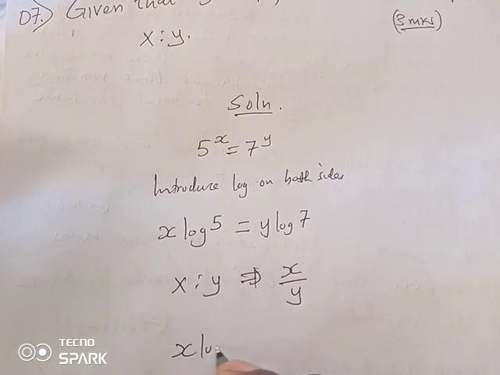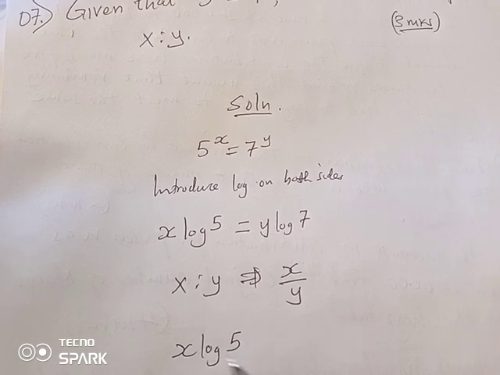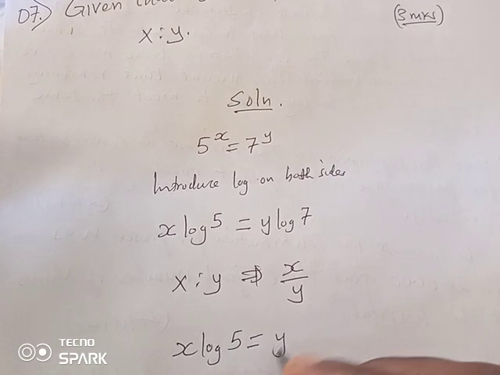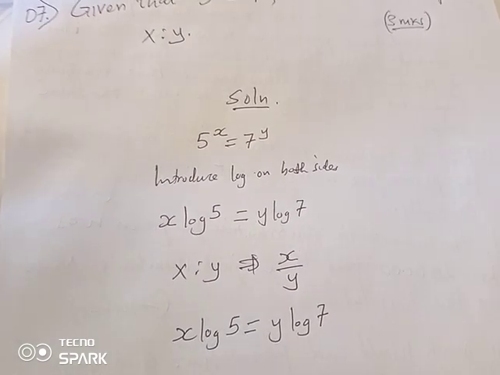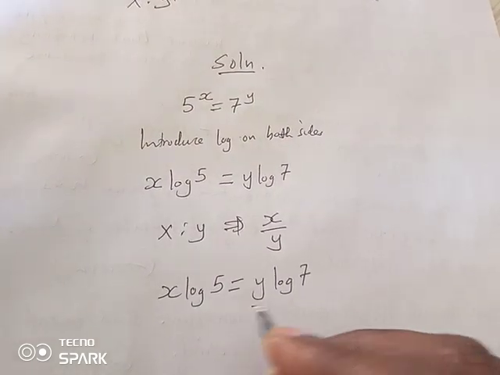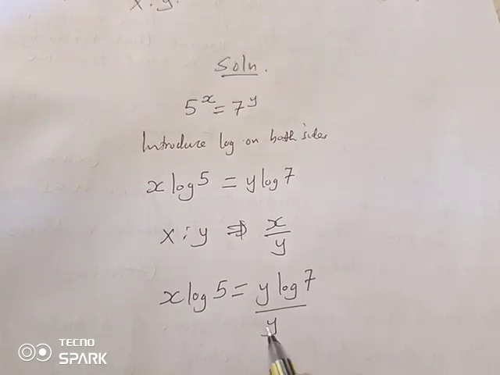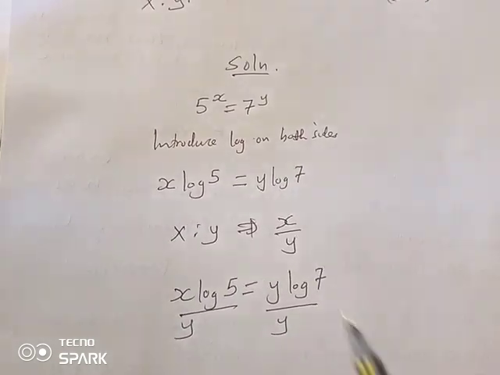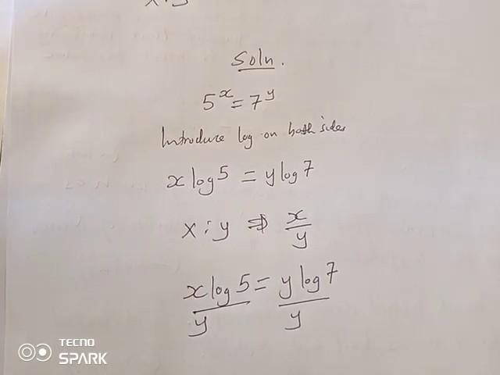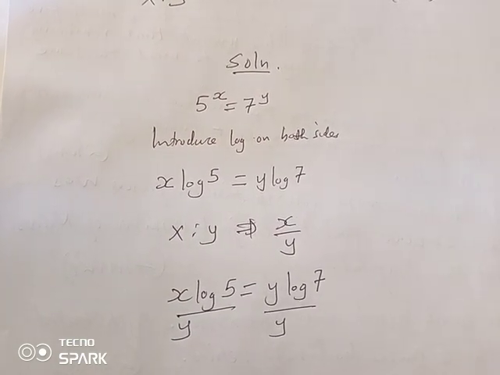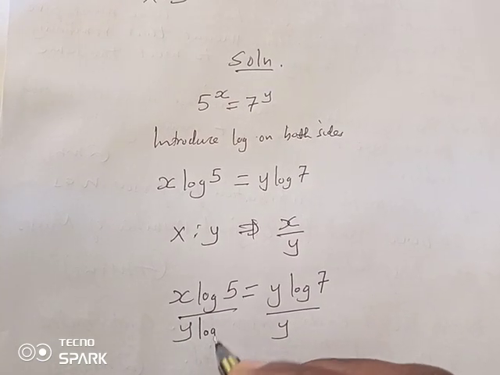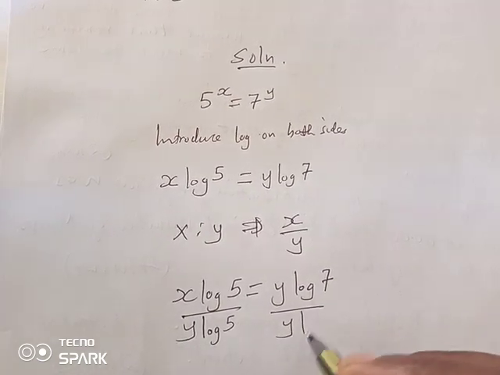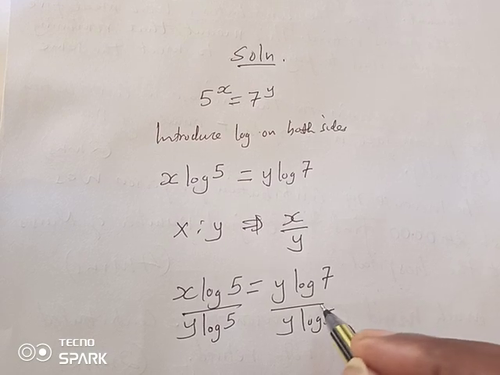So x log 5 is equal to y log 7, and therefore I have to bring y to this side so that I can attain x over y. Doing the same, we have to eliminate log 5 by dividing on both sides by log 5.